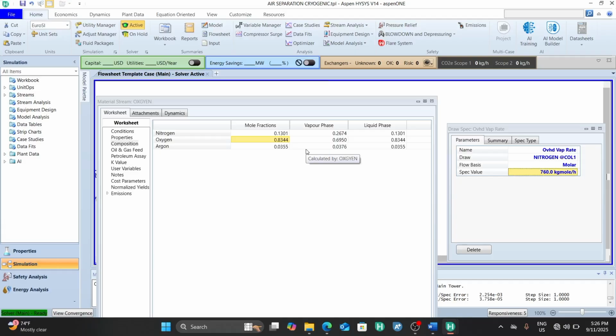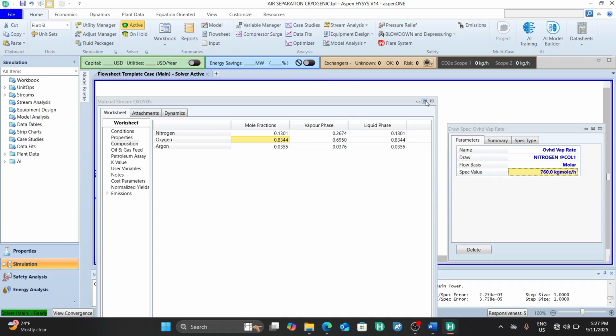So 0.8344 multiplied by 240 gives us 200.256 all over 209 multiplied by 100 gives us 95.81%.